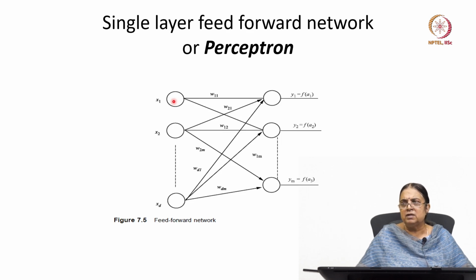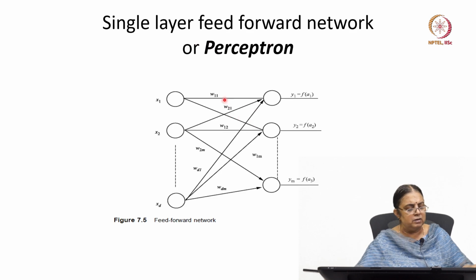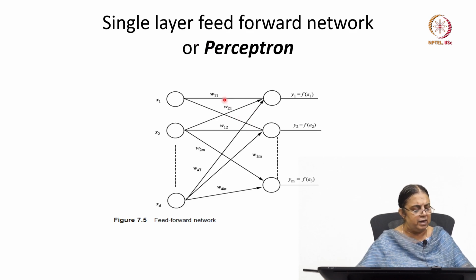They are only connected to the nodes in the next layer. So x1 is connected to all y1 to ym, and x2 is connected to y1 to ym, xd is connected to y1 to ym. This is what is called the feed forward network or the perceptron. This is the simplest neural network that we can have.